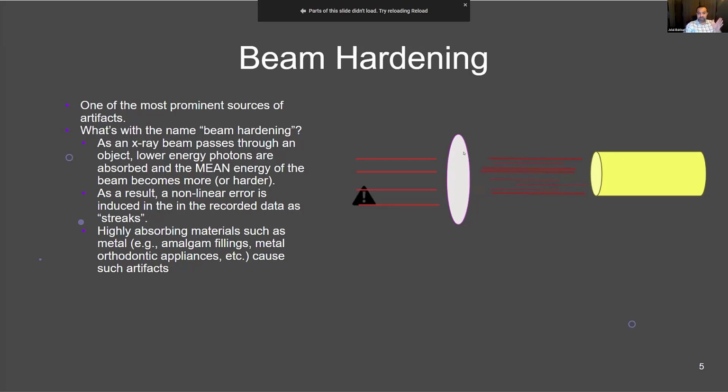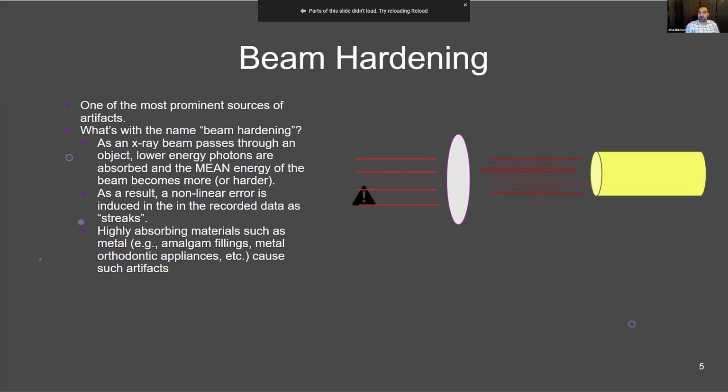Now, as the beam passes through the object, lower energy photons are absorbed, and the mean energy of that beam that extends past the object has increased, in fact. In radiologic terms, we mentioned that the beam has become harder. Now, for a very specific reason, which is beyond the scope of this presentation, the subsequent beam is recorded as an error in the data set, and this data is represented as streaks on the final imaging.